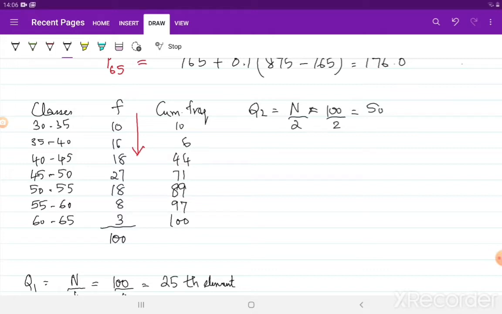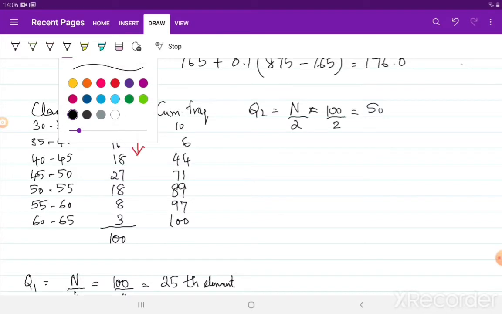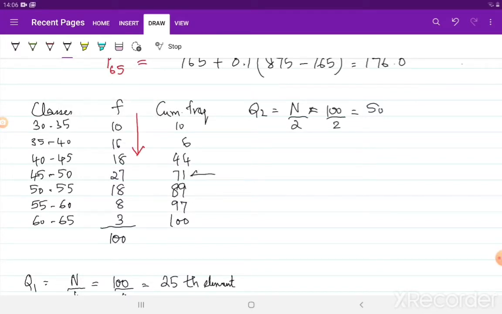The 50th element will come in this particular class, which means 45 to 50 is our median class.